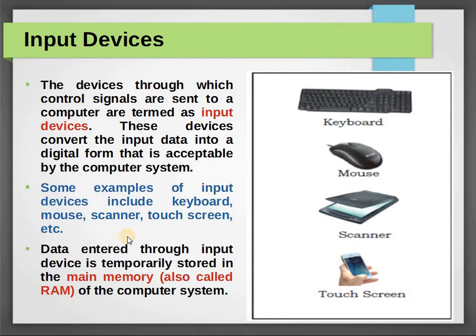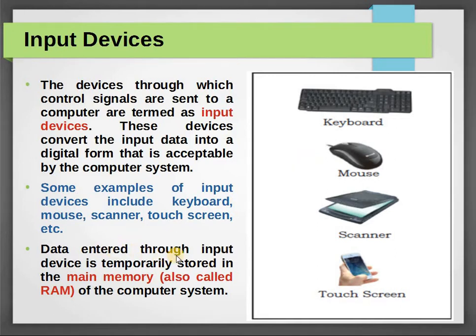Specially designed braille keyboards are also available to help visually impaired candidates enter data into a computer. And besides this, we can now enter data through our voice. For example, when we use Google voice search to search the web, we can input the search string through our voice.